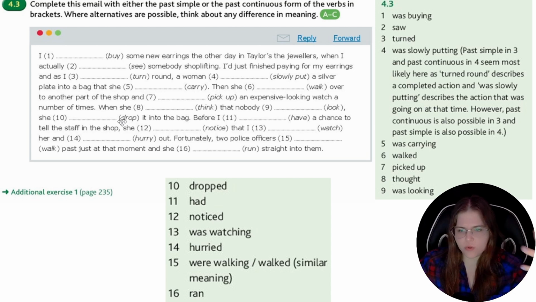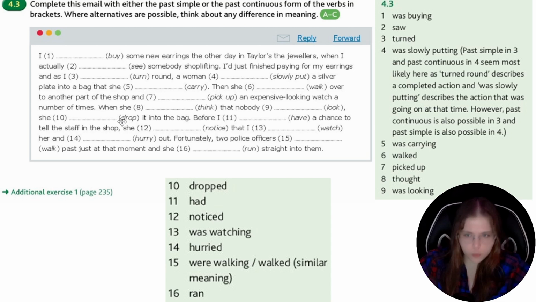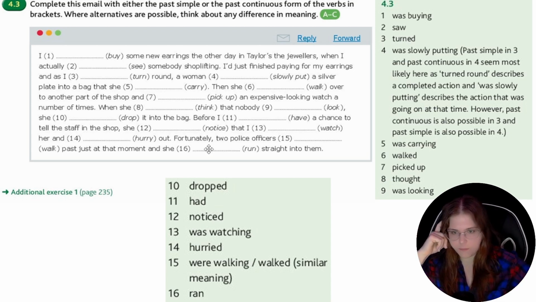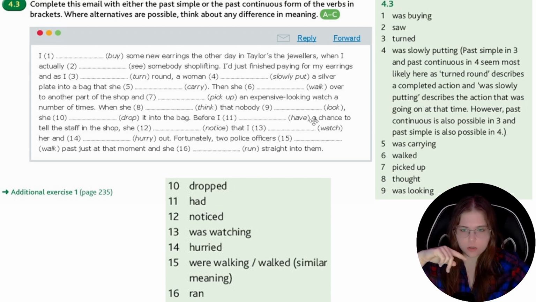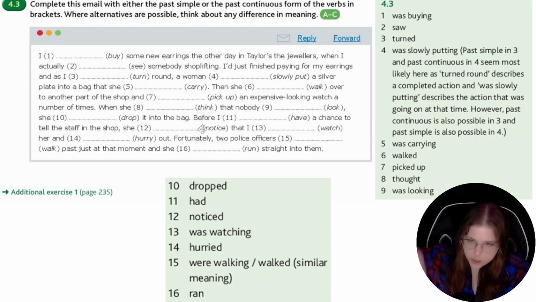Moreover, the verb notice is about I couldn't see that, but now I can see it. I didn't pay attention to that, but now I do pay attention to that. Very quick changing. That I was watching while she was shoplifting, a long action, was watching her and hurried out. This is like a sequence of actions. She noticed and then she hurried out.